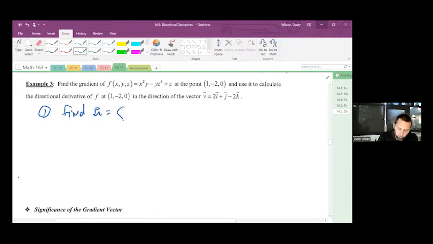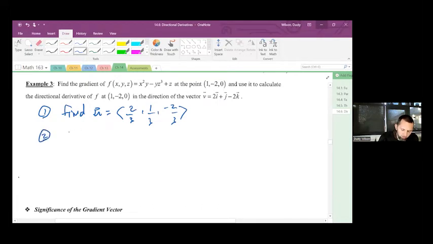And so u is going to be 2, 1, -2, and then we need to divide by the magnitude, which would be square root of 4 plus 1 plus 4, square root of 9, or 3. So our u vector is 2/3, 1/3, -2/3.